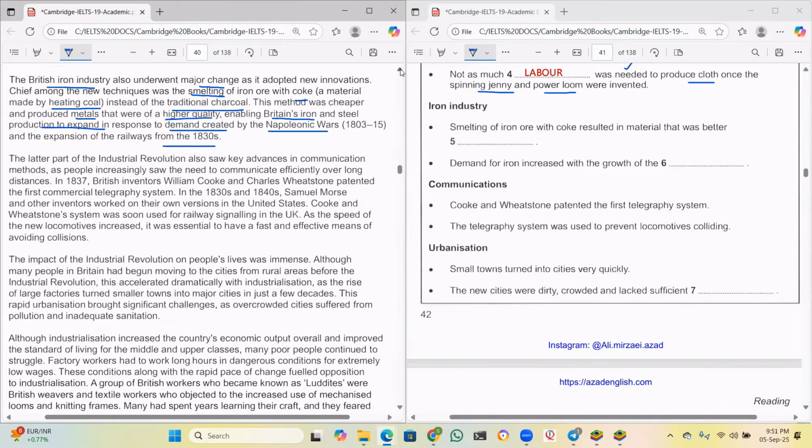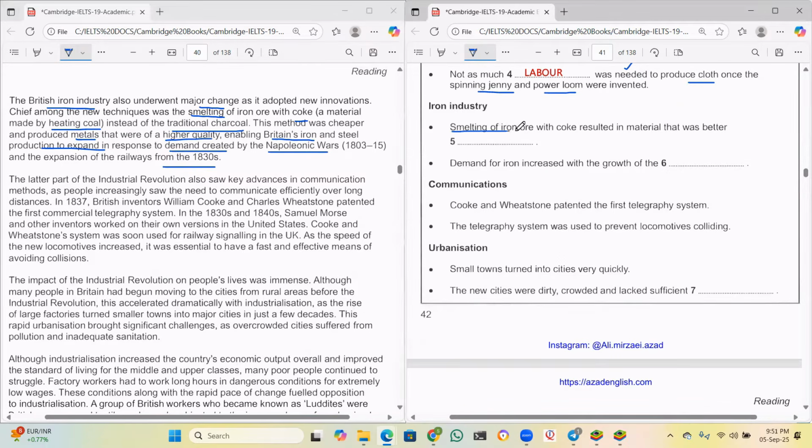So, what was the question then? Smelting of iron ore with coke resulted in material that was better dash. So, where did we read about smelting the iron? Techniques was the smelting of iron ore with coke instead of traditional charcoal.